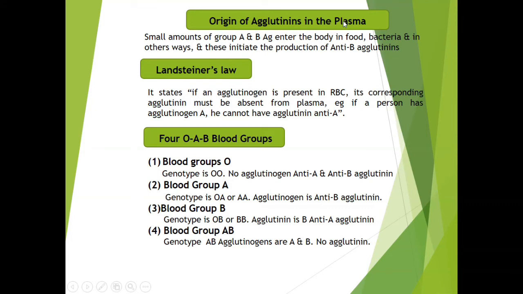But when blood group antigen B enters its body through food, through bacteria, or other ways, that may trigger an immune response that causes the production of IgM or IgG antibodies, also called anti-B agglutinins.